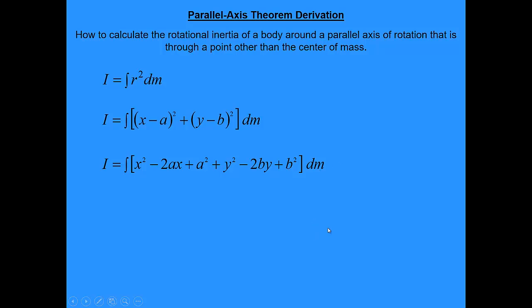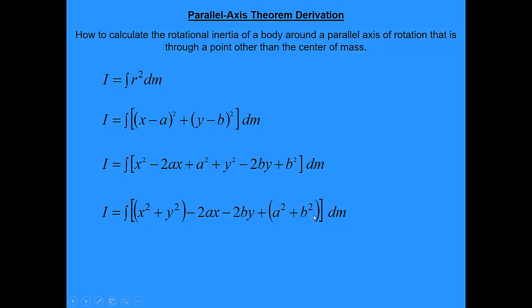Now, because these are all additions and subtractions, I can use commutative and associative properties and rearrange them in a way which will be convenient for us in a few steps. So I moved the y squared over here and gathered it with the x squared. I left the minus 2ax here, the minus 2by here, and I moved the a squared over to the right with the b squared. So I just changed the order and the grouping.